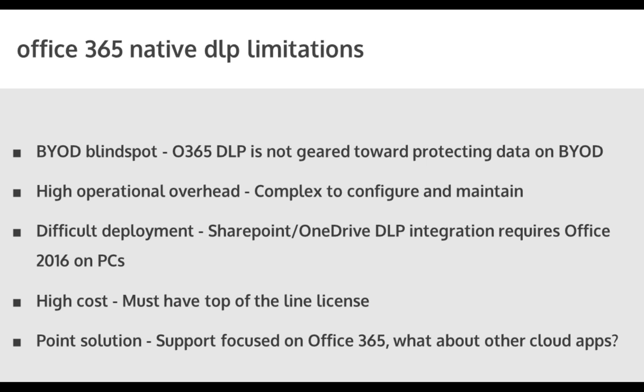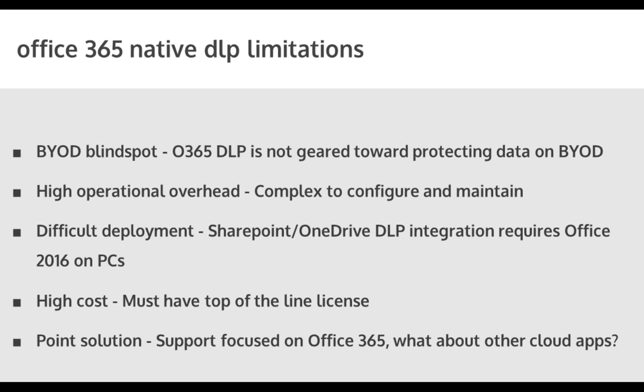And then what about native functionality available in Office 365? Office 365 does offer its own DLP functions, but most of them are geared towards email, where email is going out of your environment and then you apply DLP. So the traditional outbound flows of email.